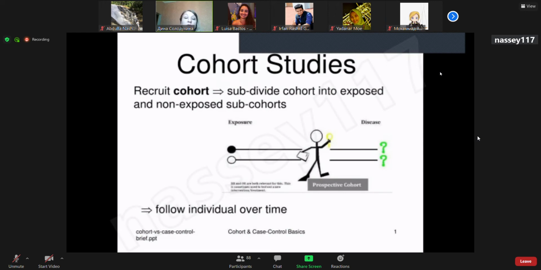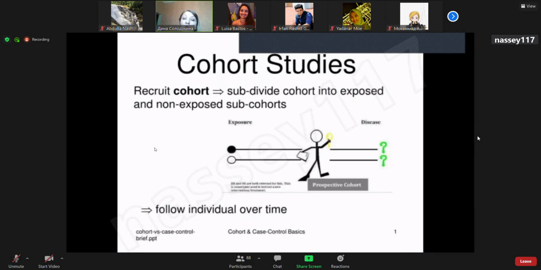It is called prospective, and the most important point is that we start from exposure and we follow up until the outcome. A cohort study has a follow-up over a certain period of time during which the subjects are expected to develop a disease.